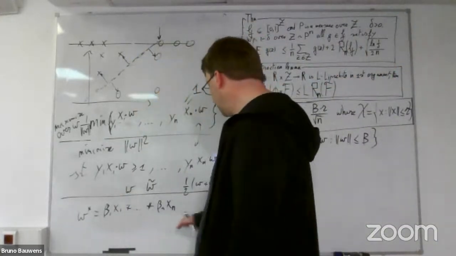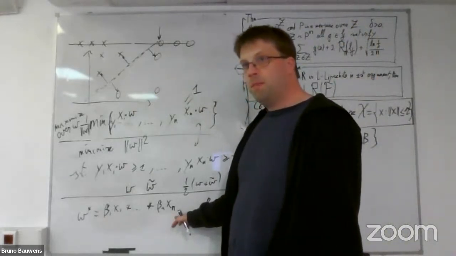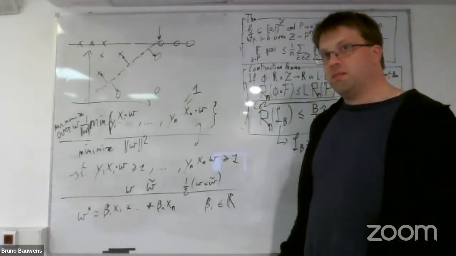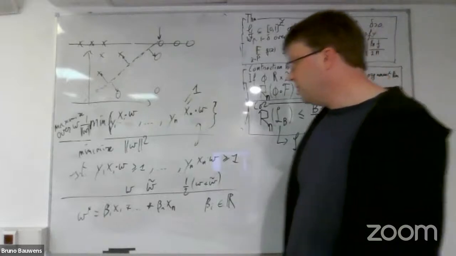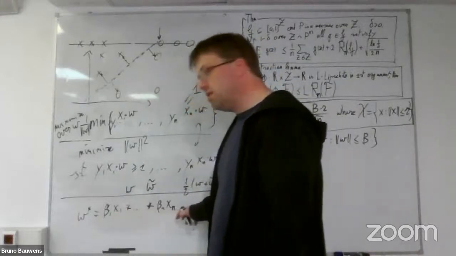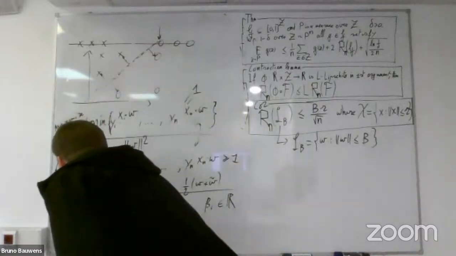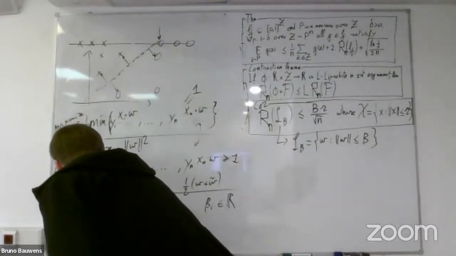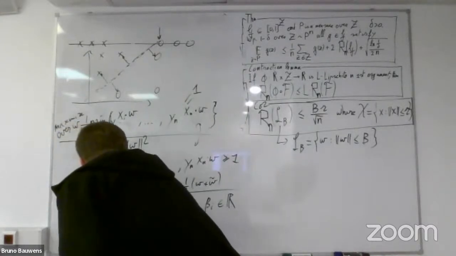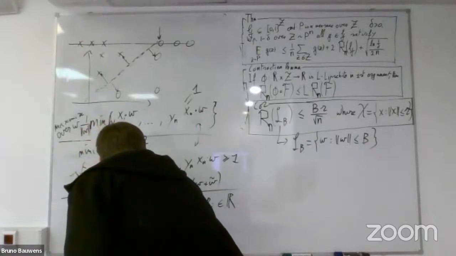Okay, why do we know that real numbers beta i exist such that this is true? This is by the orthogonal decomposition theorem. So what we are saying is that the optimal W lies in the span of the x's. But imagine that we take some W tilde that's not in the span of the x's.